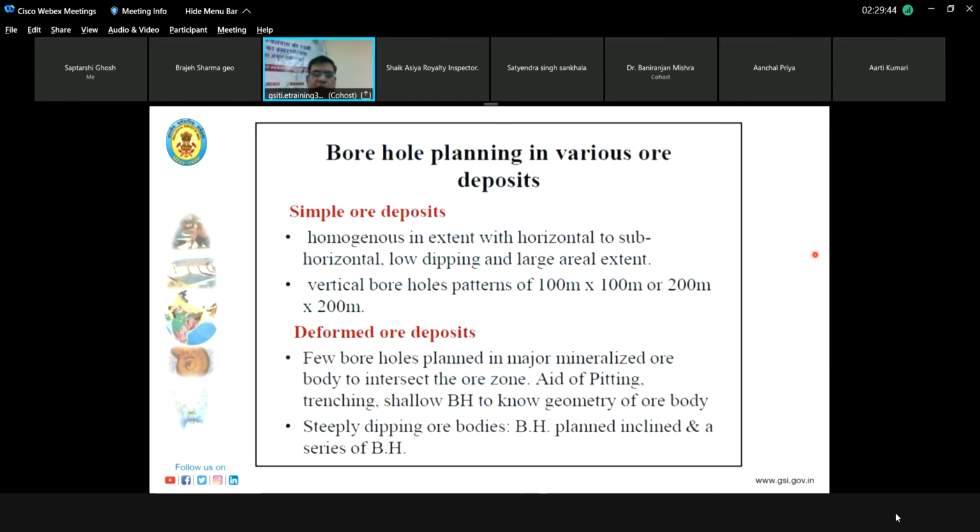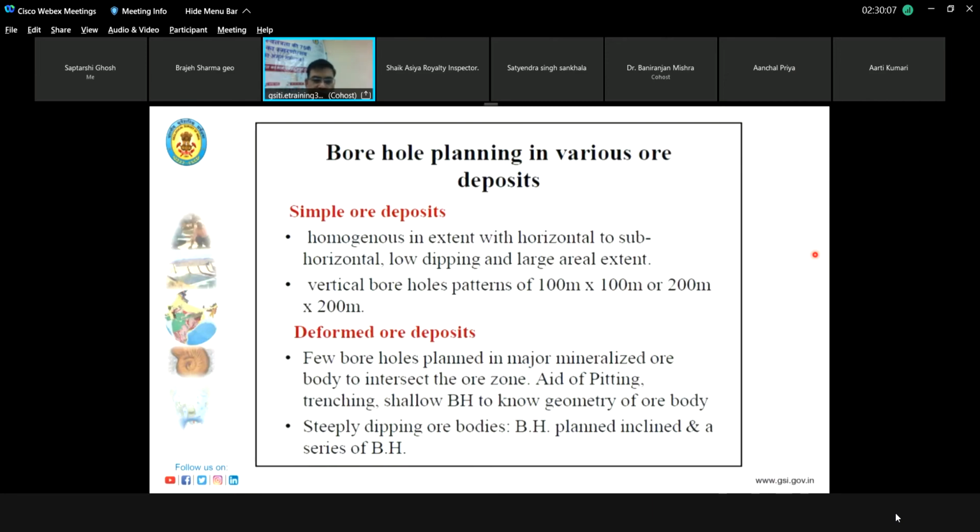Then borehole planning for various ore deposits. If it is simple, homogeneous in extent with horizontal to sub-horizontal dip, then you can put vertical boreholes, maybe a 100 to 200 meter pattern, depending on what mineral you are encountering and the nature of that mineralized zone. Then you have to decide which pattern you will follow in that area.